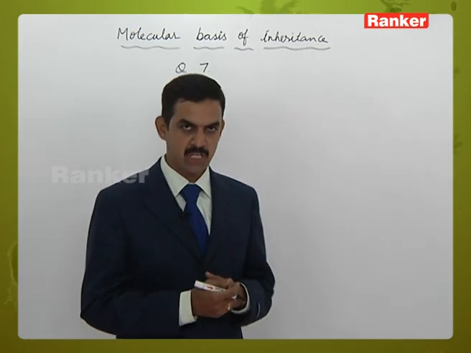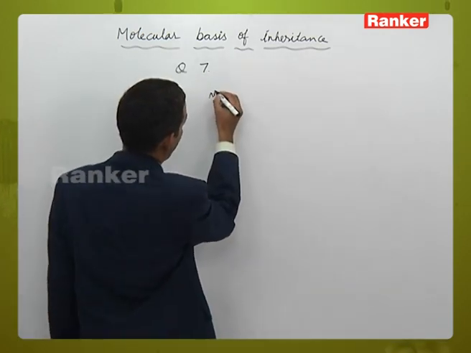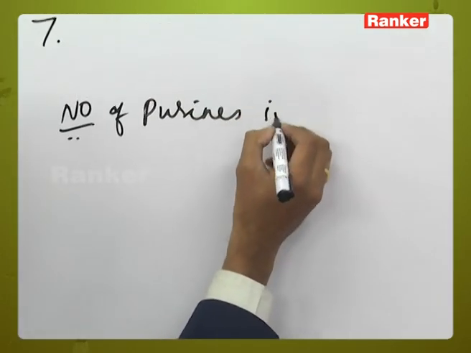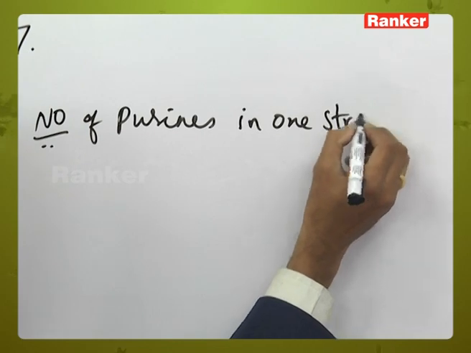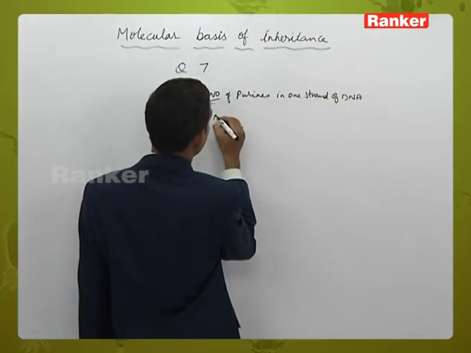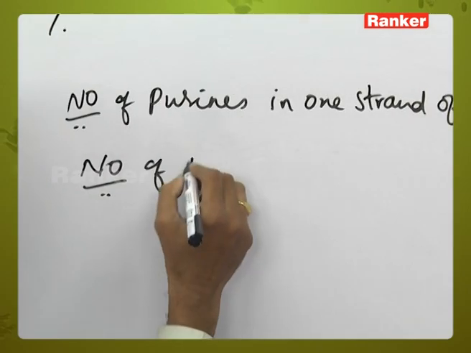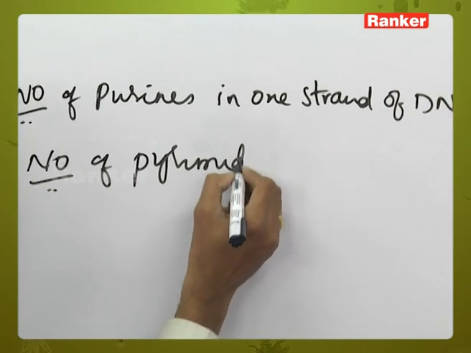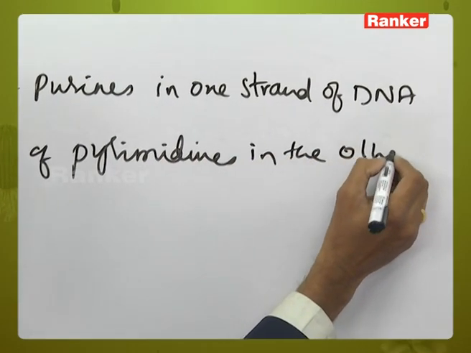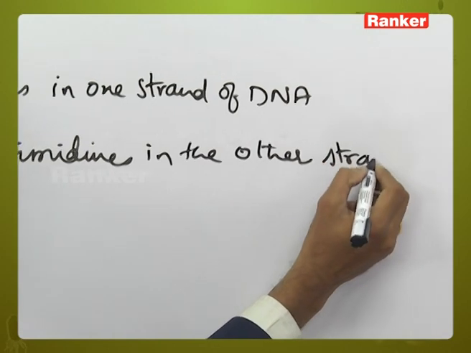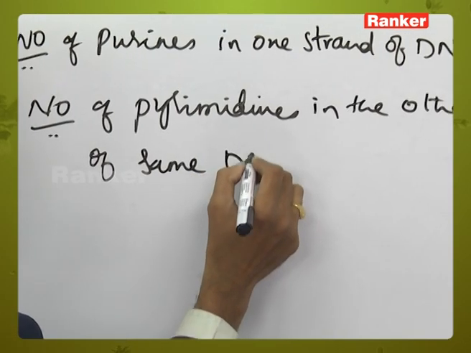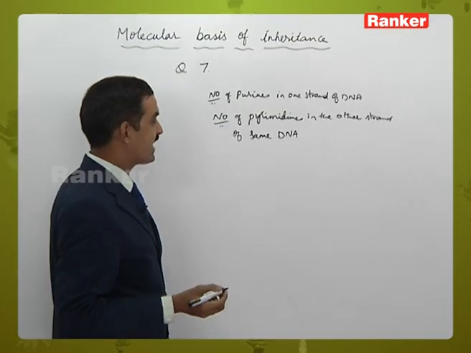a DNA molecule. That is, the number of purines in one strand of DNA is equal to the number of pyrimidines in the other strand of the same DNA molecule.